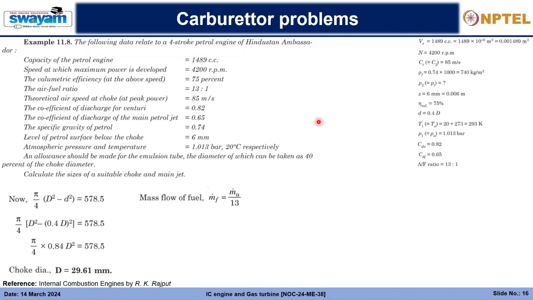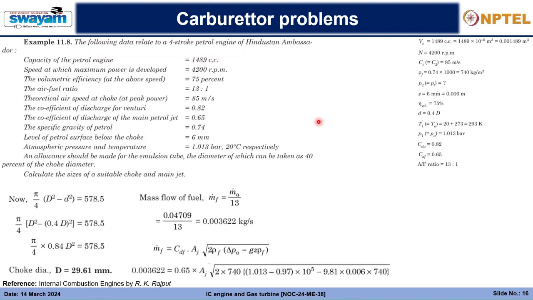The mass flow of fuel, mf equals ma by 13, and finally we will get 0.003622 kg per second. So mf equals Cdf into Aj; this formula we have calculated from Bernoulli's principle. So that is the same for both the exact and the approximate analysis.